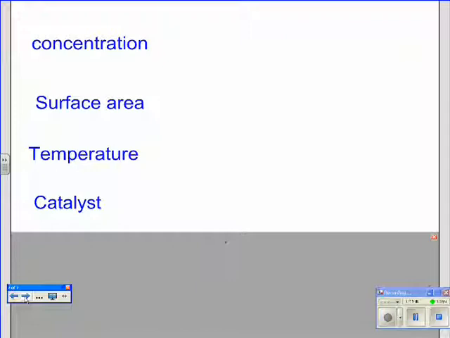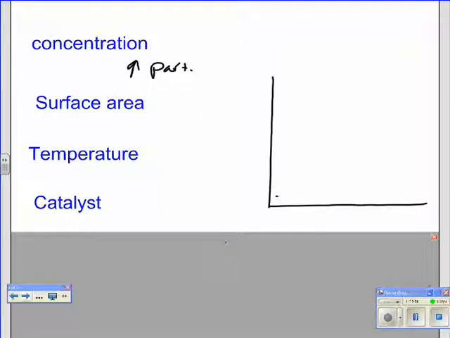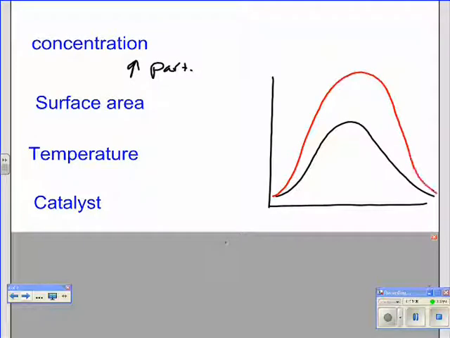One way is concentration. Concentration just means we have overall more particles. So if we looked at our graph again, and it started like this, by increasing the concentration, we would change our curve so that it looks like this.